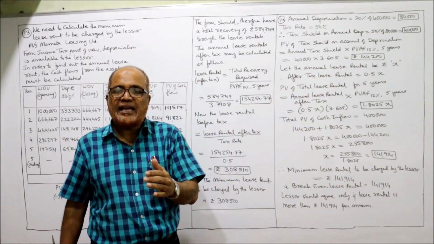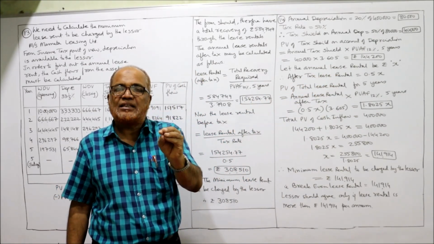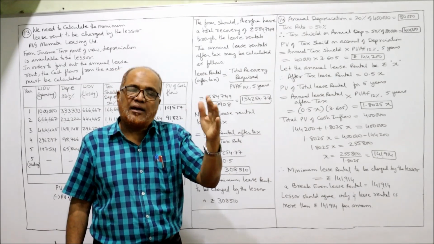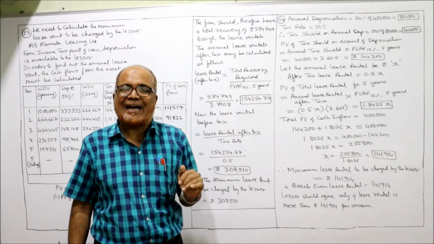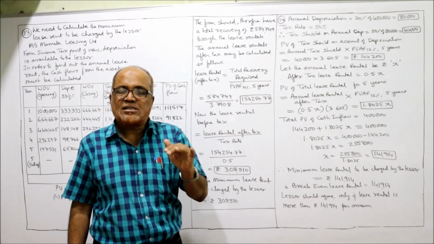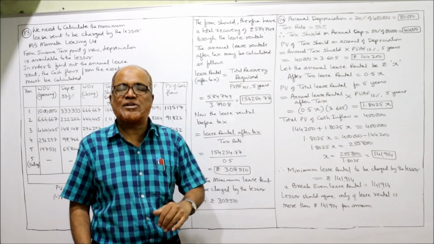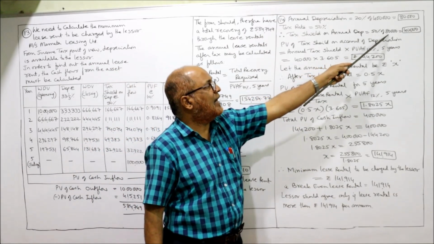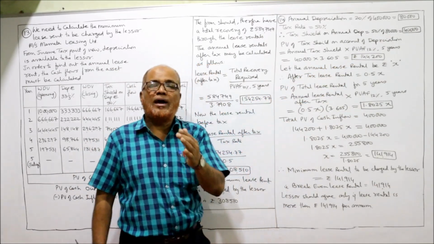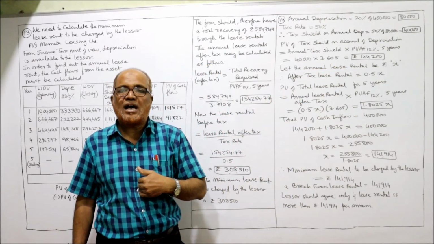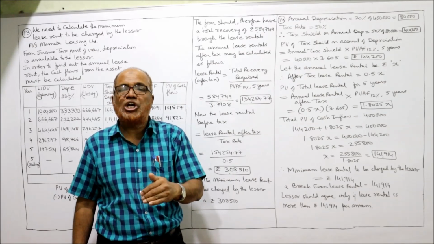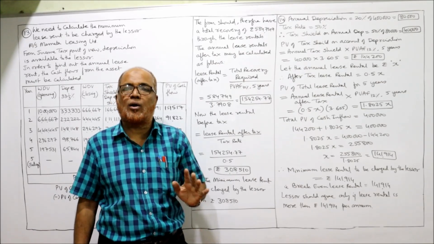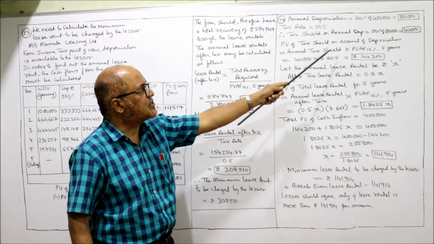Every year the lessor gets depreciation of 80,000, but the tax benefit from this depreciation is 50% of 80,000, which is 40,000. So every year the lessor will get a cash inflow of 40,000 on account of tax shield on depreciation.